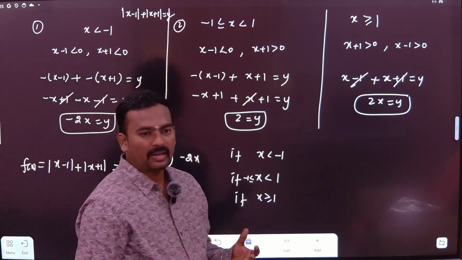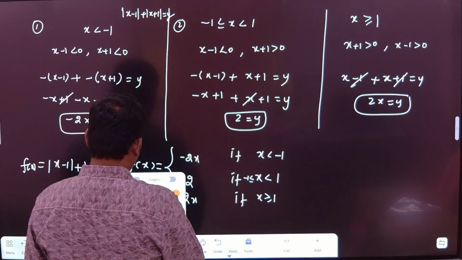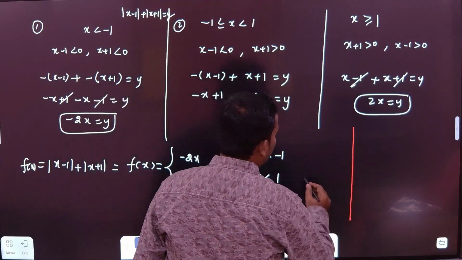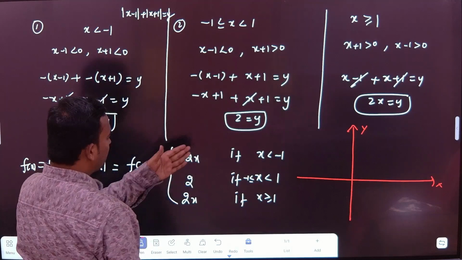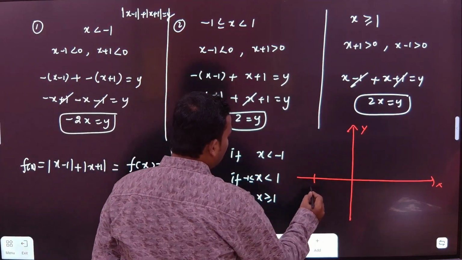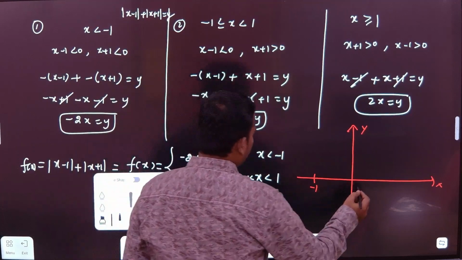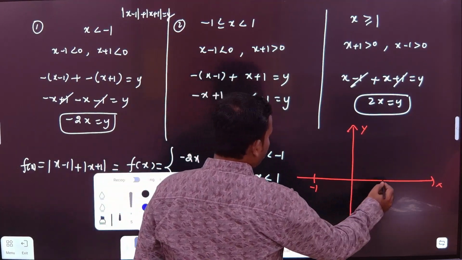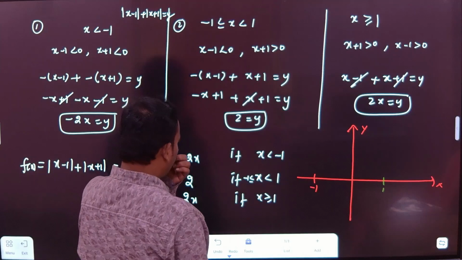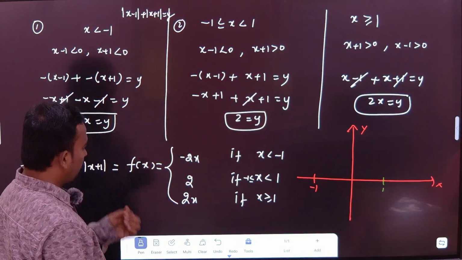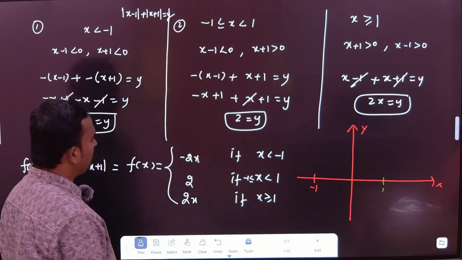Then how to draw the graph of this? I'll take another color. This is the x-axis, this is the y-axis. When x is less than minus 1, let's take minus 1 here and plus 1 here, and then more than 1. When x is less than minus 1, it's minus 2x.